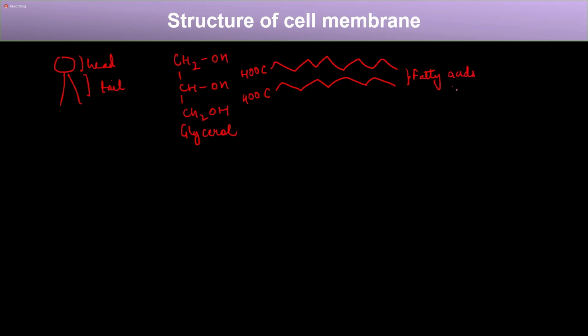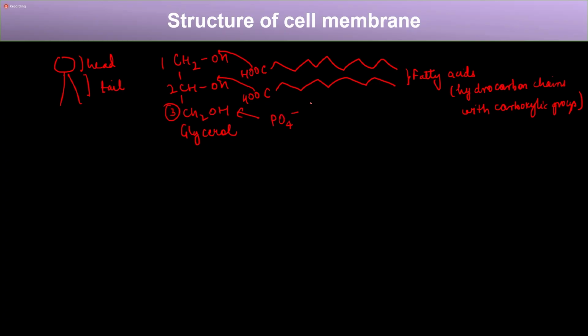So what are fatty acids? These are hydrocarbon chains with a carboxylic group. Now, the carboxylic group of a fatty acid forms a bond with one CH2OH of glycerol, and with the second CH2OH, and with the third CH2OH comes an attached phosphate group.